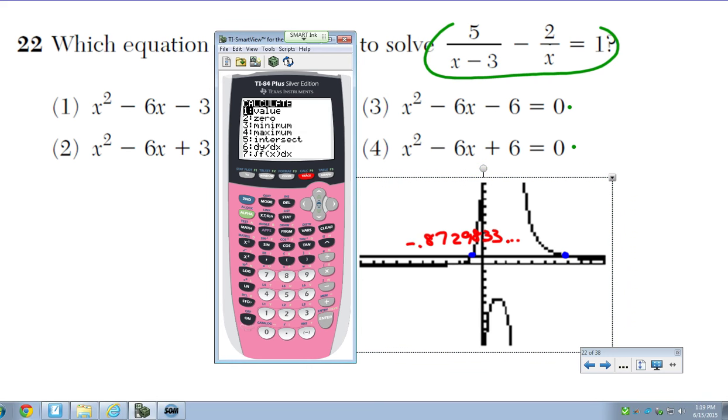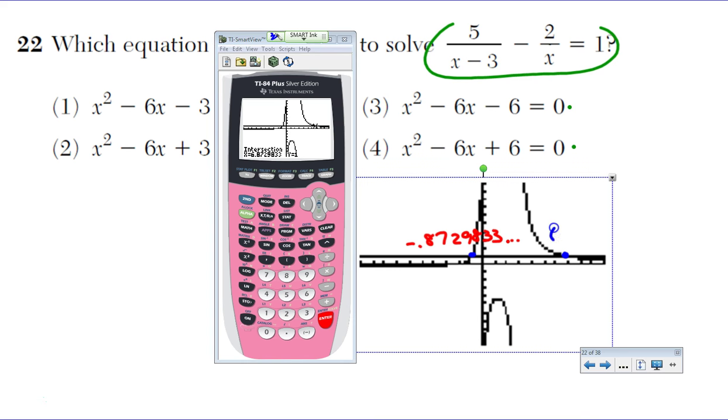So let's do second trace 5 again for the other answer. Enter, enter, enter. And then I get 6.8729833. Again, probably not the exact answer.